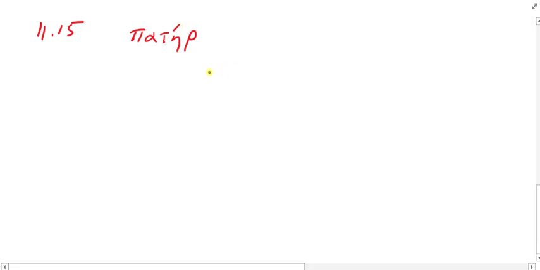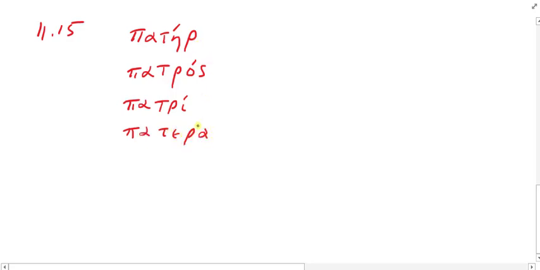Pater becomes in the genitive what? Patros. So you see how the eta is missing. I have a tau, I have a rho, but my eta is gone. And then if you look at the dative, it's patri, right? So the eta is gone here.